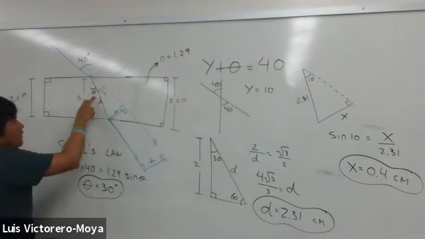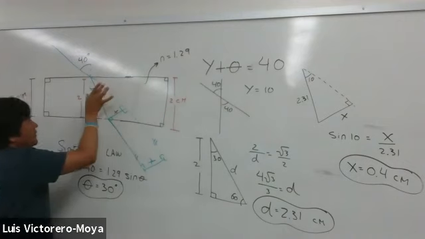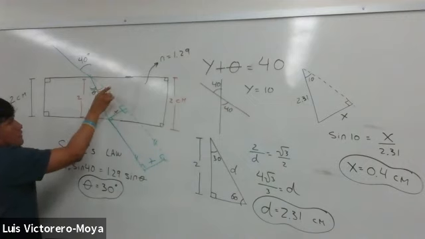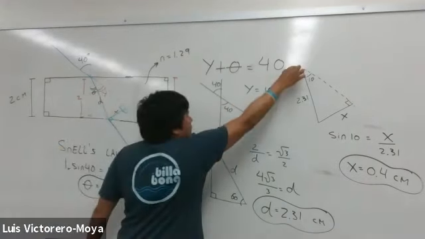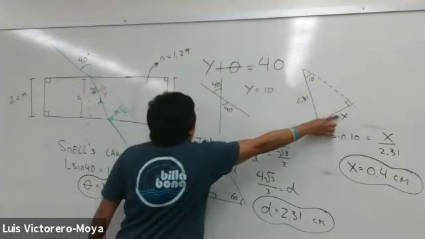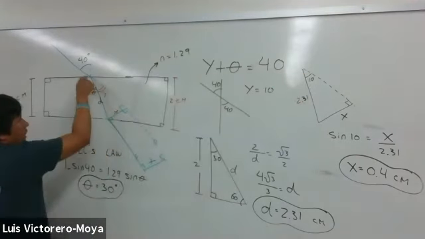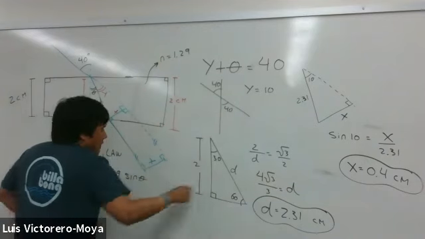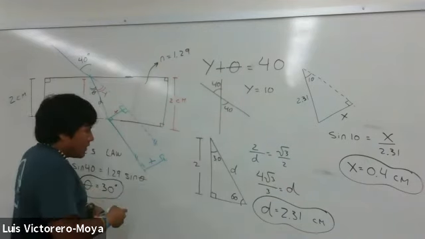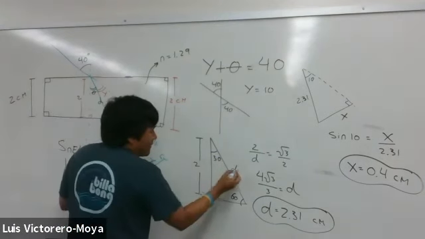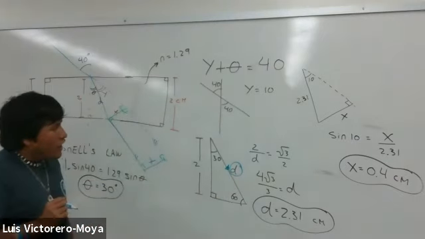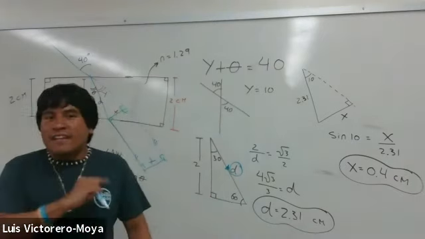So I found theta, and then by using geometry, I know that this is 40, but this is 30, this is 10. Now I need to find this side to find X. And this side, I can find it on this triangle. Remember that this is a refracted ray. And why do you need to know that? I need this D, by the way, because in one question on that problem, they ask you to find the speed of light inside the glass.